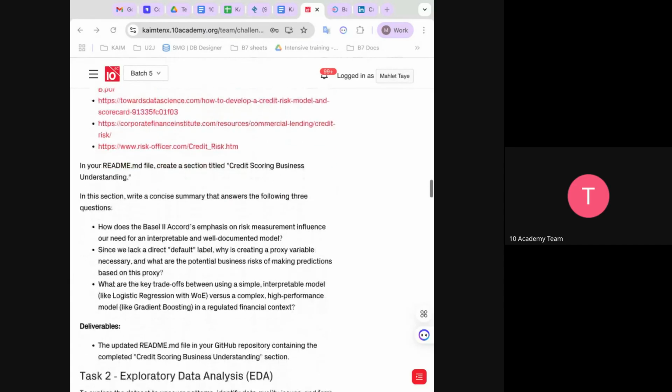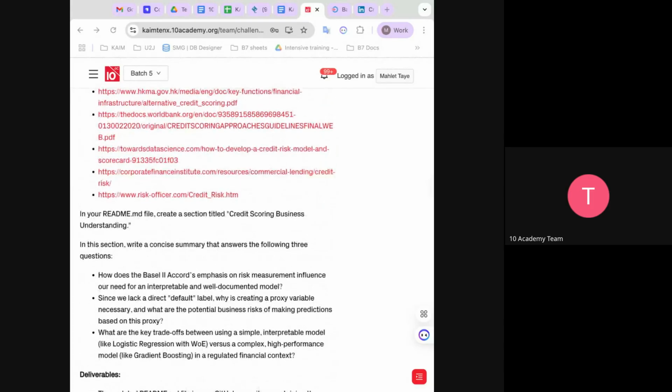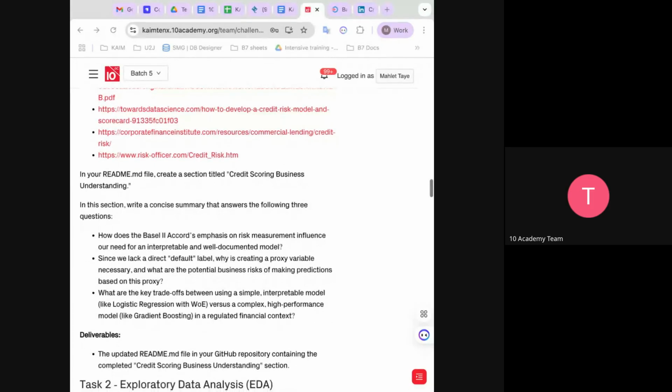You can have this as one submission, and task one is more about understanding the business context.